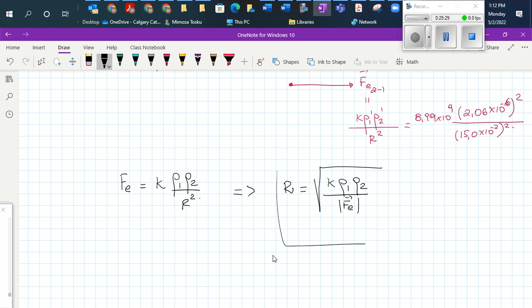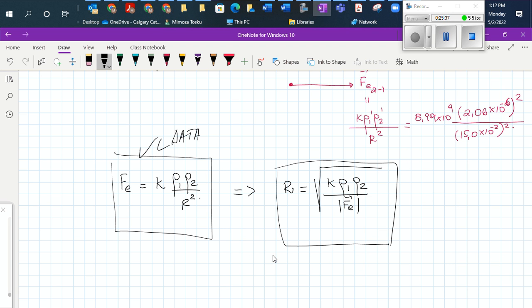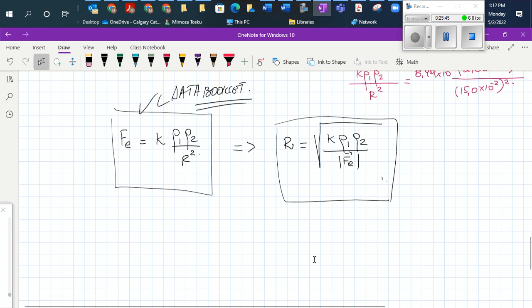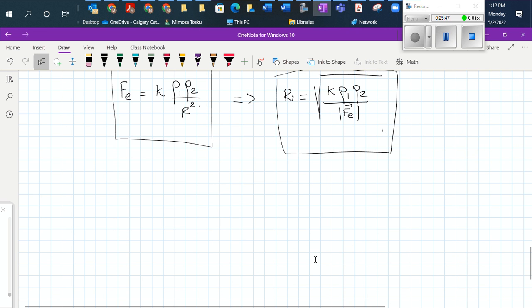This formula is not on your formula sheet. Only the original formula is on your data booklet, but you can easily generate this one. If the two charges are equal to each other, then the electrostatic force will be kq squared over r squared, as we saw in the previous example.